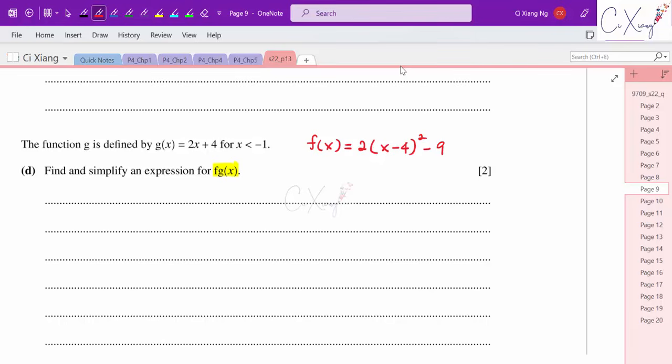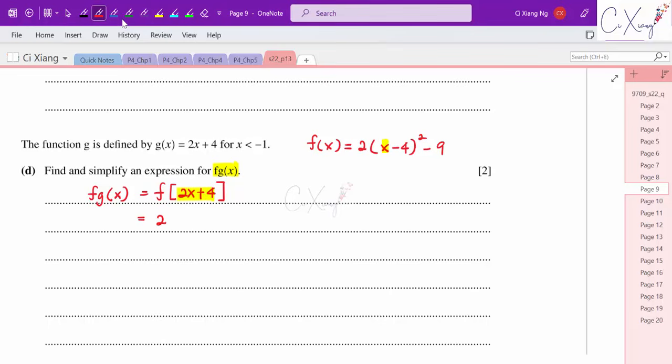Now let us start our composite function. When I have fg(x), that means I'm going to substitute the function g(x) into the function f. g(x) is 2x plus 4, so I substitute 2x plus 4 into the x in my function f.